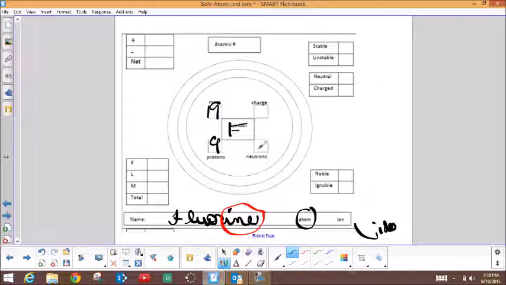To figure out the number of neutrons, you simply take the mass number minus the number of protons, and that gives you 10 as the number of neutrons. We've already said that this is an atom, so that means the charge is 0, and therefore it is also, by the way, neutral. So those things are interrelated and connected.